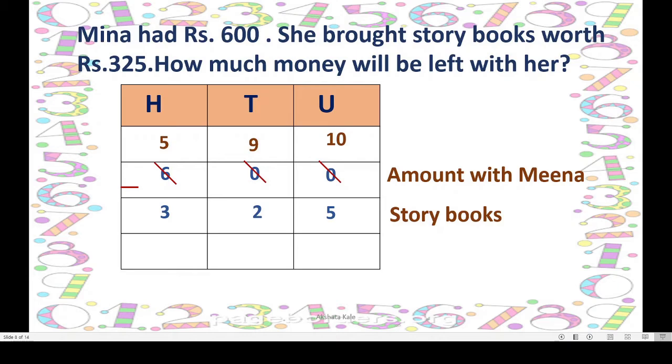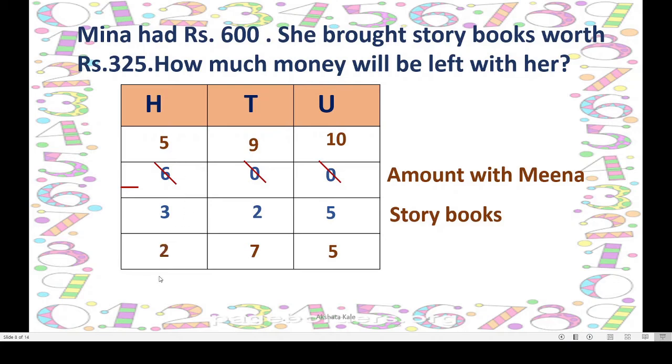Got this? A little complicated one. Slowly you will come to know this method. Okay. Now we will start our subtraction. It is easy now. So 10 minus 5 is equal to 5. 9 minus 2 is equal to 7. 5 minus 3 is equal to 2.